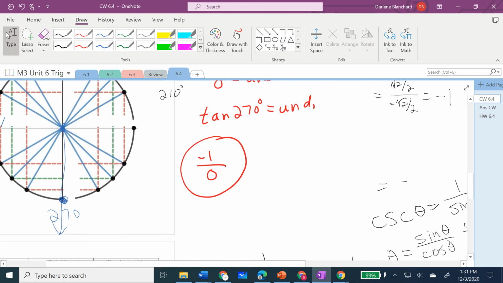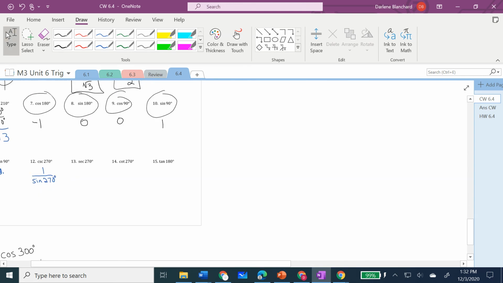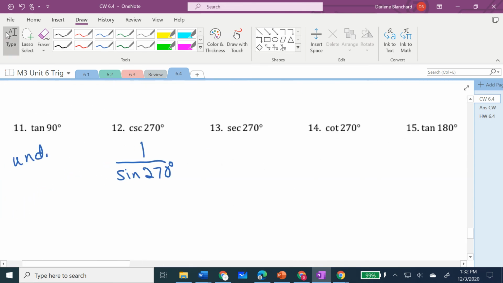It's the y-coordinate of that point. It's -1. What is the reciprocal of -1? It's -1. Woo!